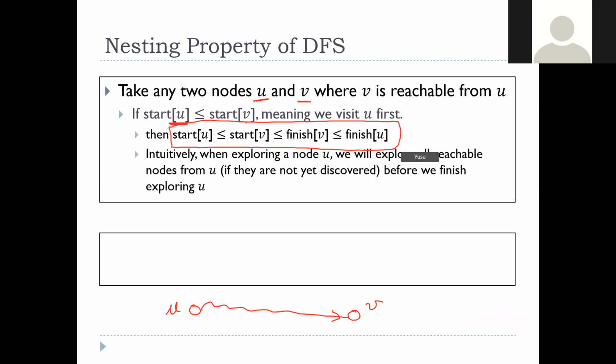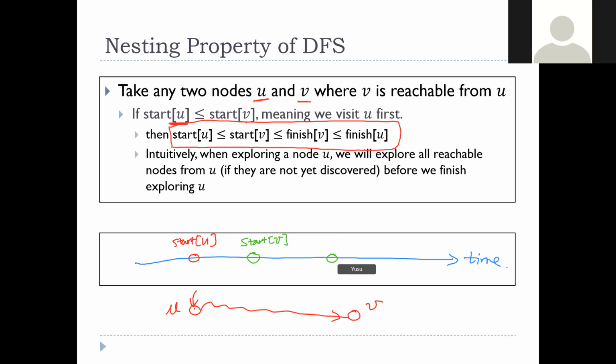It means that if V is reachable from U and you explore U first, then on the time axis you first discover U, and then during the exploring of U, you discover V.